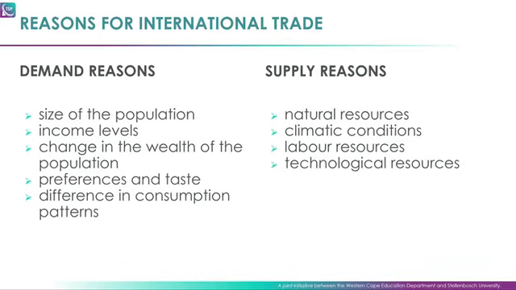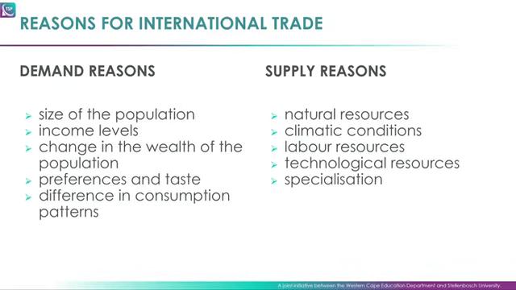And then the second last one is specialization. As a result of specializing in the production of certain goods, countries can now make use of what we call the economies of scale, right?